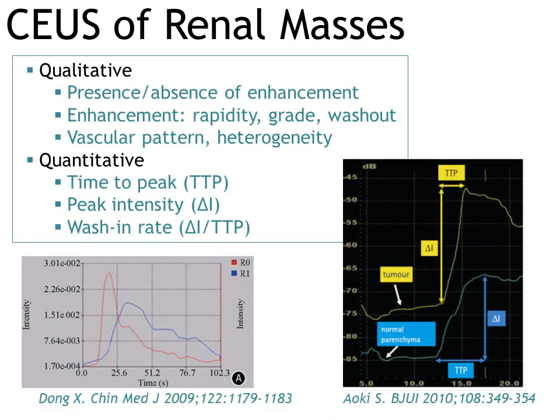With contrast-enhanced ultrasound, in addition to qualitative analysis such as presence or absence of enhancement, rapidity, grade and washout, and vascular pattern and heterogeneity, quantitative analysis is possible from time intensity curve, including time to peak, peak intensity, and wash-in rate.